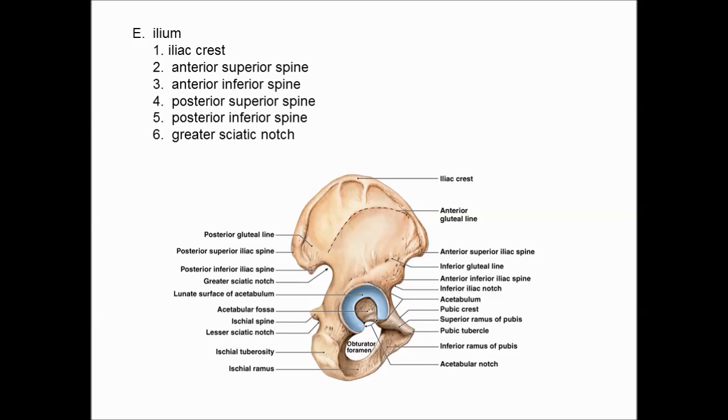And the ilium by far has the most features. The very large crest-shaped top of the ilium, which you can feel, palpate on people. The most superior part of the os coxal bone is called the iliac crest, indeed a very large crest.